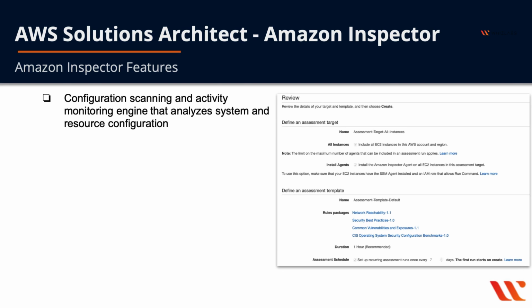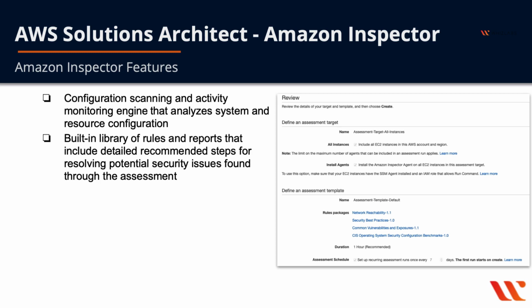So, Inspector is a configuration scanning and activity monitoring engine that analyzes system and resource configuration, and the agent plays a major part in that for your EC2 instances. And it has a built-in library of rules and reports that include detailed recommended steps for resolving potential security issues found through the assessment.